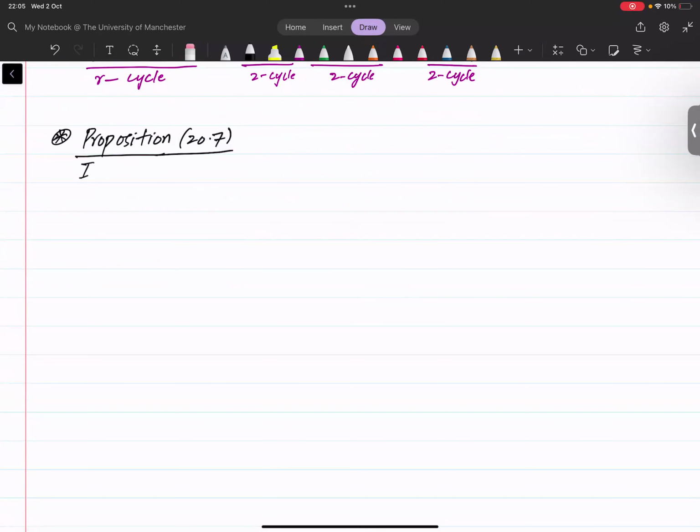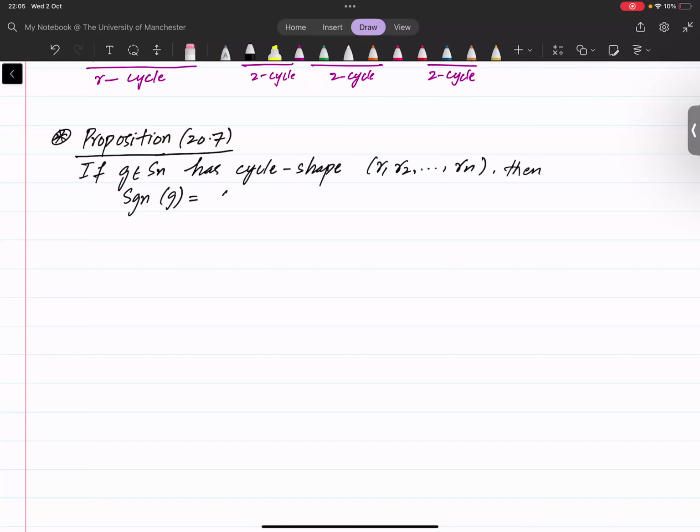It says that if g in Sn has cycle shape r1, r2 to rk, then the sign of g is going to be (-1) power (r1 - 1), times (-1) power (r2 - 1), product, (-1) power (rk - 1).